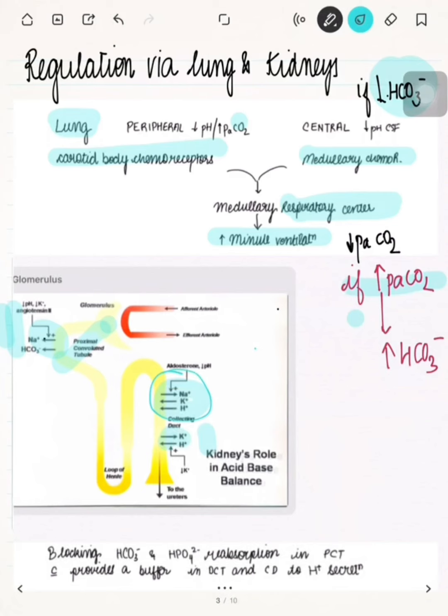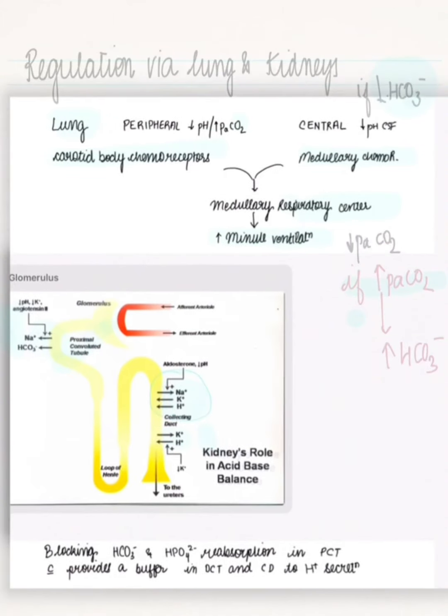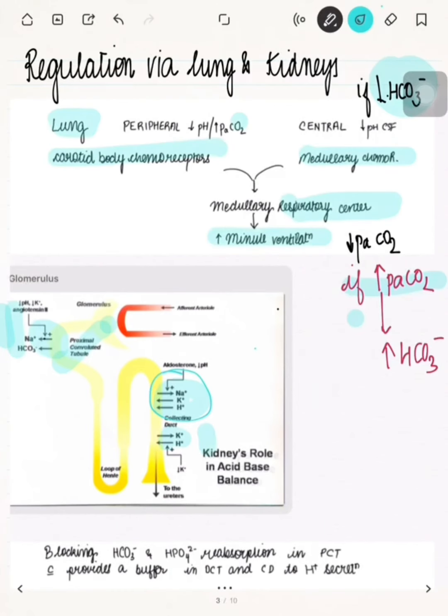Chloride is taken as a surrogate marker of hydrogen excretion. In renal tubular acidosis, H plus is being retained. So when H plus is retained, even chloride will get retained, causing hyperchloremia and a normal anion gap.